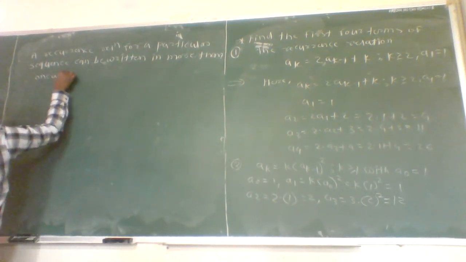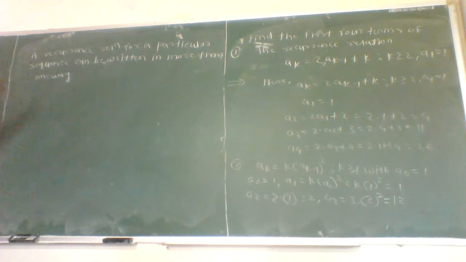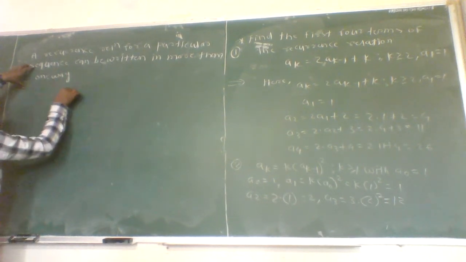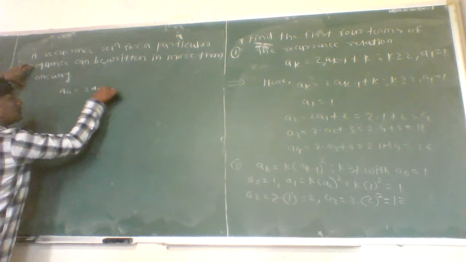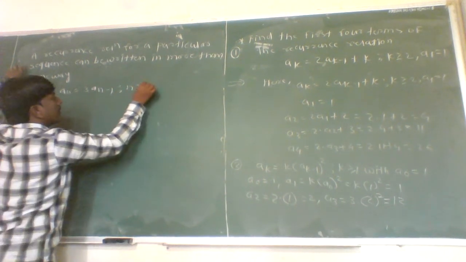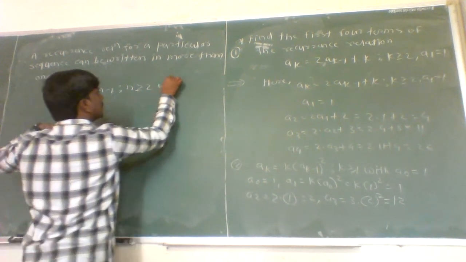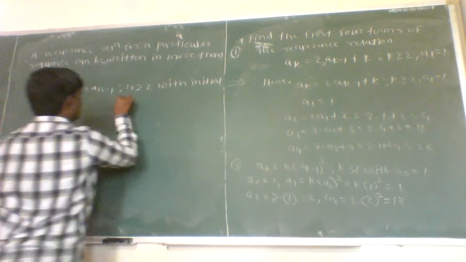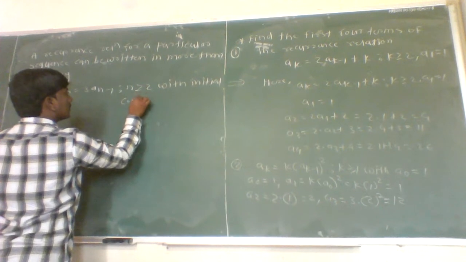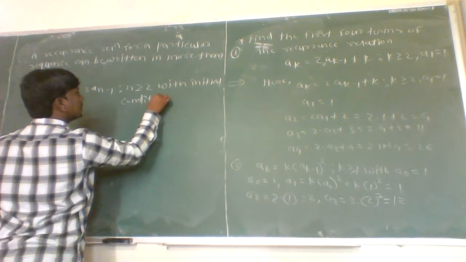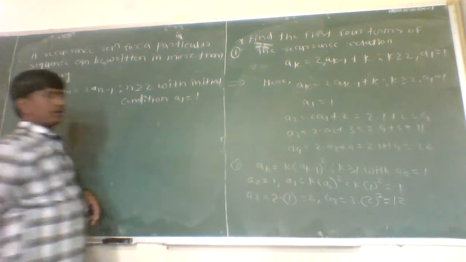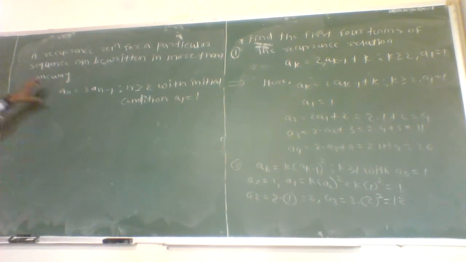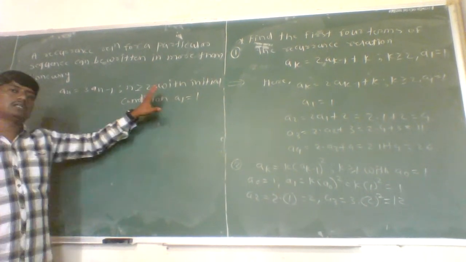Okay, let us see how. Let us consider one recurrence relation a_n equal to 3 times a_{n-1}, where n is greater than or equal to 2, with initial condition a_1 equal to 1. Now this is one recurrence relation for a particular sequence.